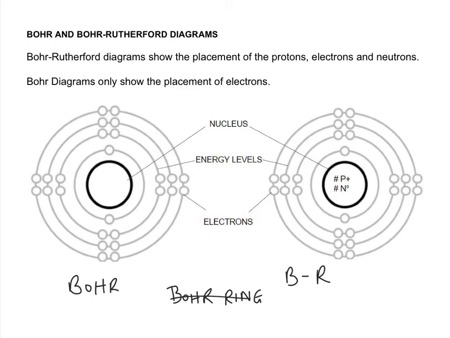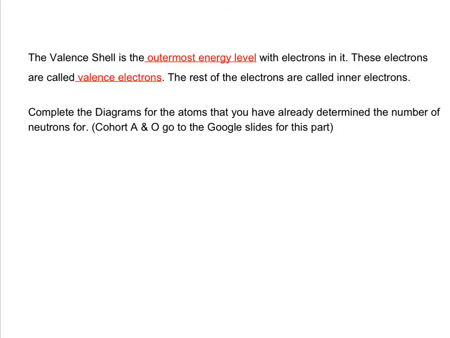So this is how we're going to draw them. So the valence shell is the outermost energy level, or the outermost ring, with electrons in it. These electrons are called valence electrons. Any other electrons between that ring and the nucleus are called inner electrons.